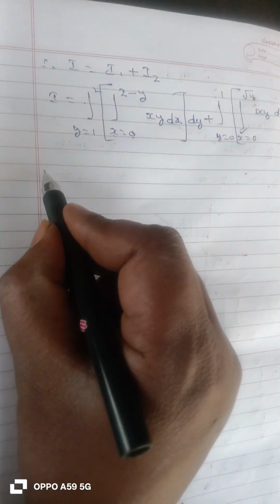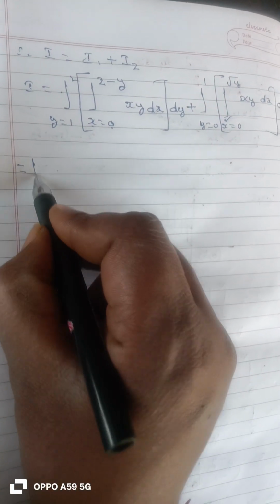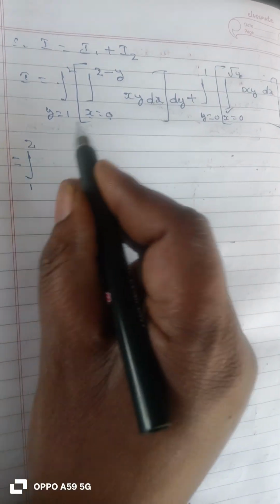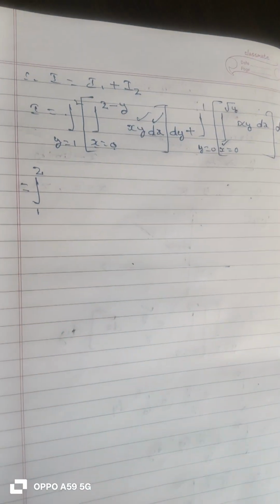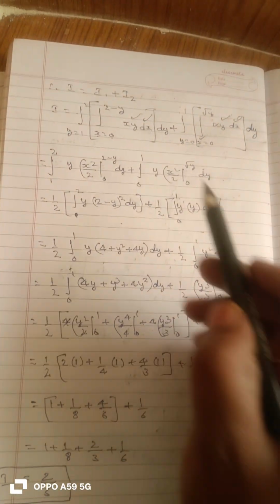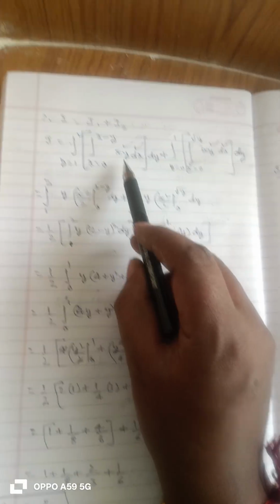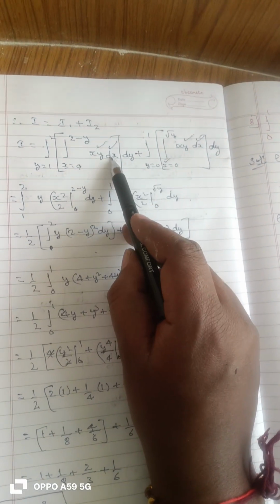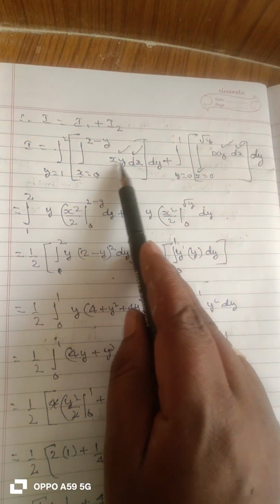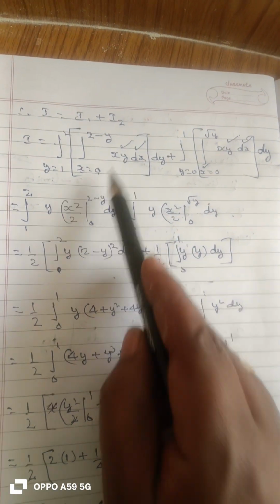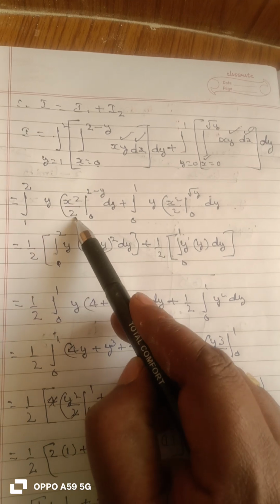This you can start to do the integration. The first one, integral 1 to 2, dx with respect to x, of xy gives y as it is, x squared divided by 2, dy.